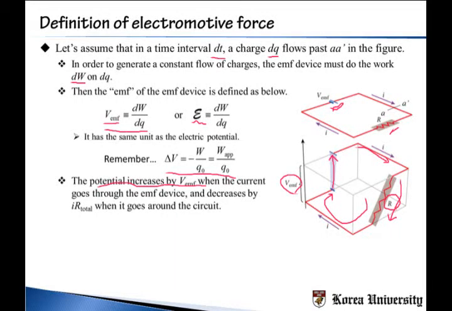Okay, so remember, in the circuit, if you follow the direction of the electric current, the potential will increase by V_EMF inside this EMF device, but the potential will decrease when the current goes through the resistor. So in fact, finally, when you try to calculate something here, you actually have to put a minus sign because it's decreasing. Okay.